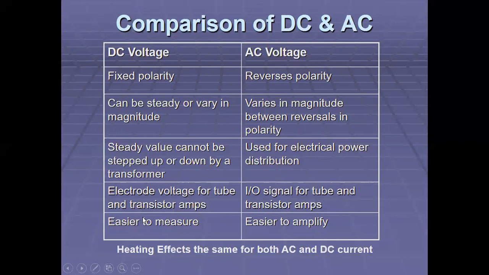AC is easier to amplify, but measuring is a bit difficult. But the heating effect for AC and DC is almost the same for whatever current or voltage we use.